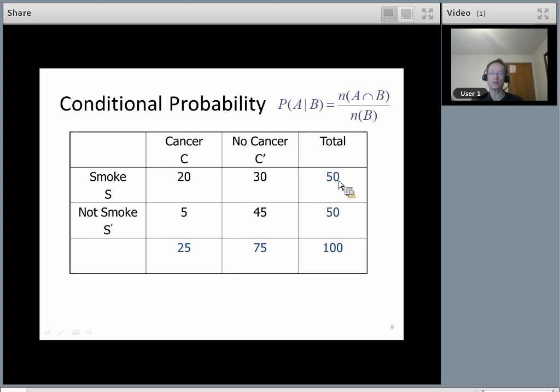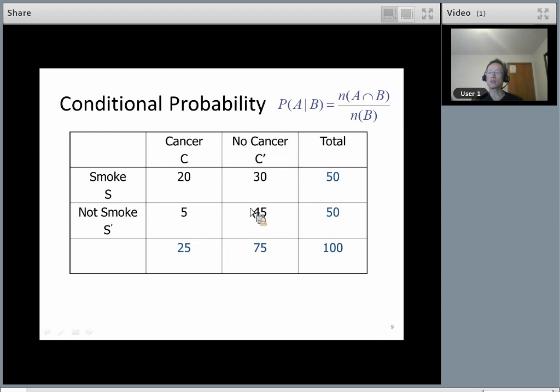So we have 50 subjects exposed to a smoking environment, and 20 of them have cancer. Another 50 subjects are not exposed to this risk factor, not exposed to the smoking environment, and 5 have cancer out of the 50.